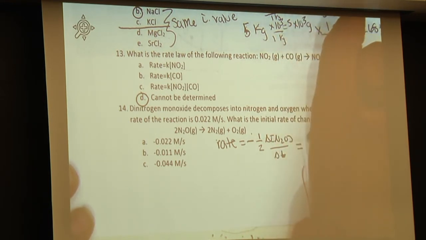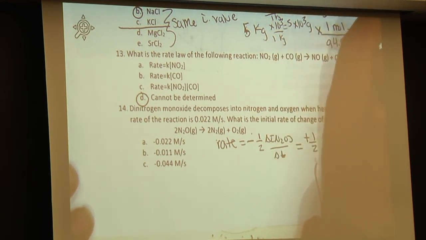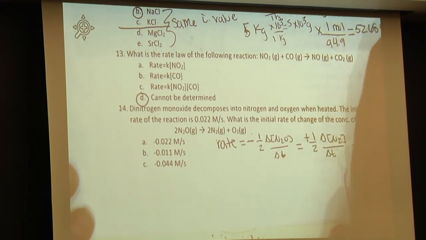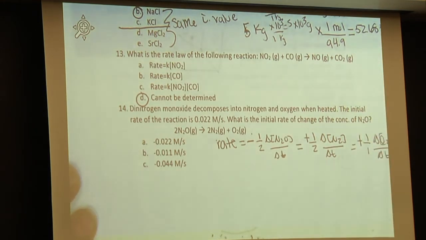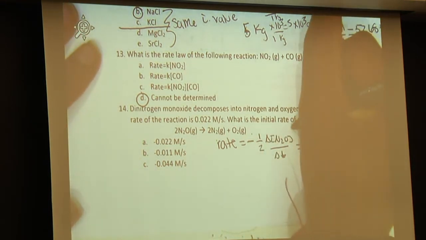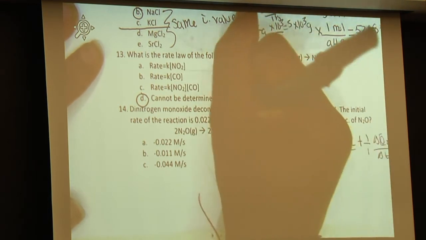And then it would be positive 1/2 for N2. And then positive 1/1 for oxygen. But this question's only asking about rate and N2O. So it's only asking about this.